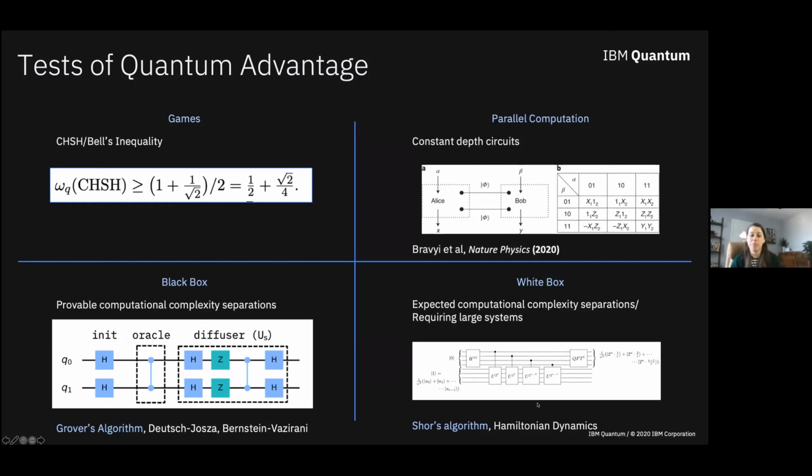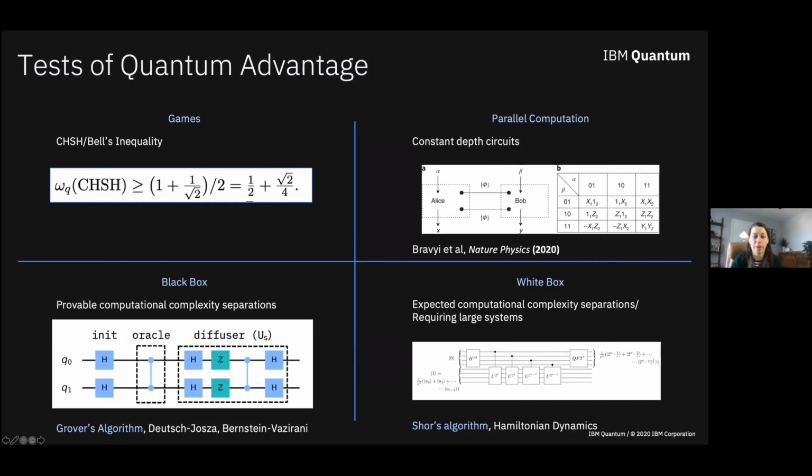Now, other benchmarks, as we're getting into this regime of tens of qubits, where we might want to look at something harder, but we can't just run Shor's algorithm or Grover's algorithm and prove to people that everything's working right. There's historically been different tests, tests of quantumness that have served as benchmarks of quantum hardware.